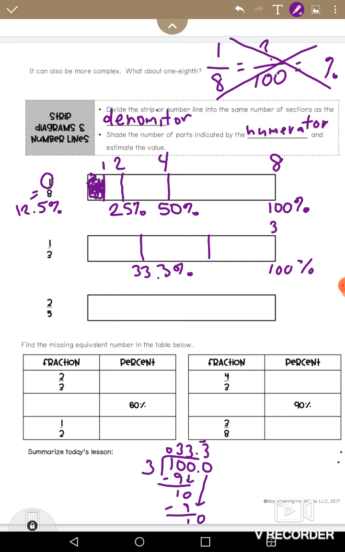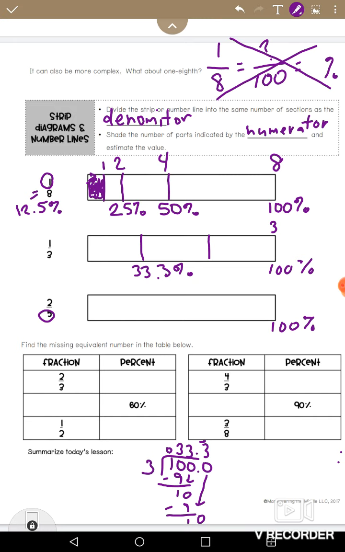Okay? So now let's try this next one. Okay, so on this next one, now we have 2/5, 2 out of 5 parts. So we've got the whole strip is 100%. How many parts are we going to break it into?